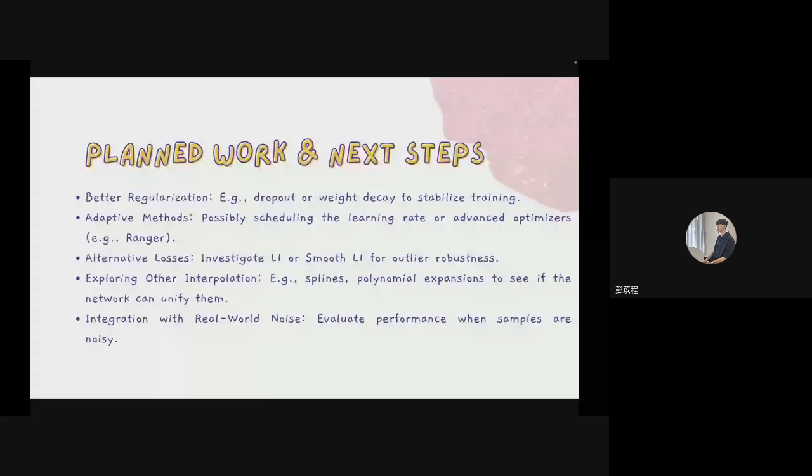We will also test alternative loss functions, like L1 for handling outliers, and explore splines or polynomial expansions to assess performance under noisy conditions.